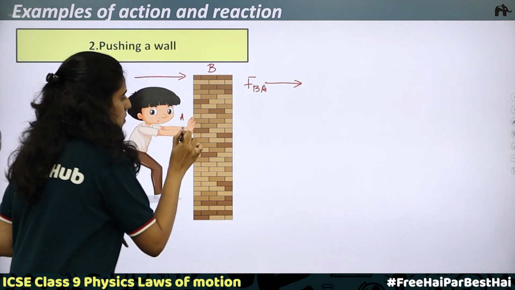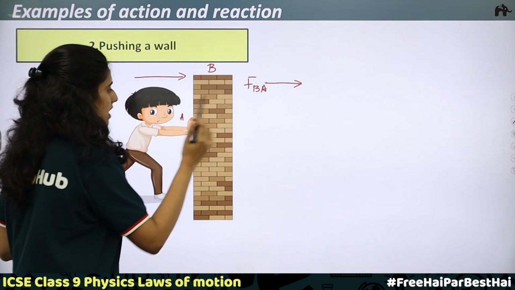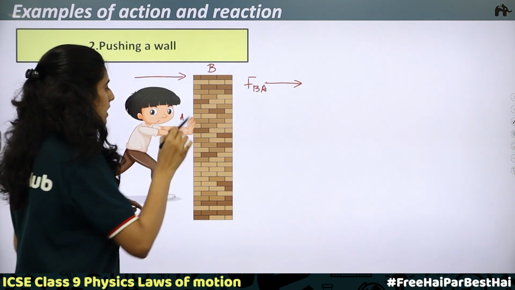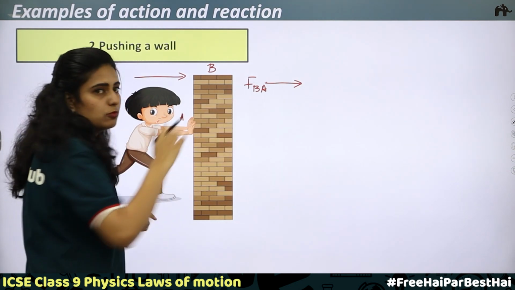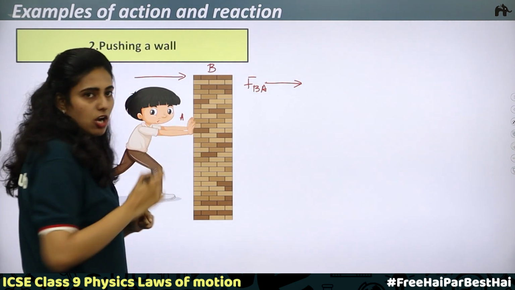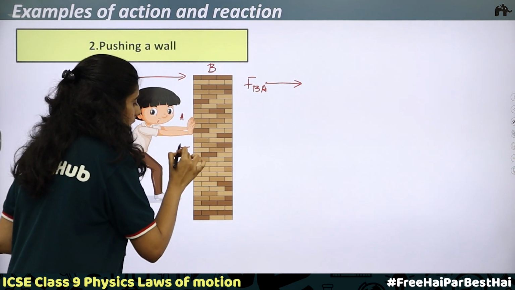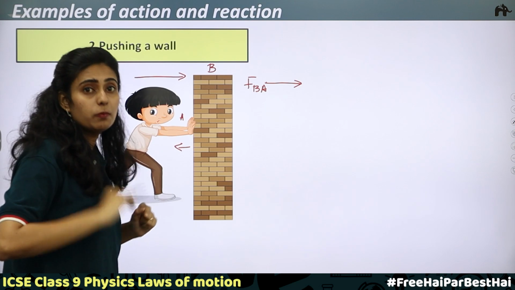Now, this boy will be able to experience an opposite force. If he's just moving, the wall should have moved forward. But here the wall is not moving, which means the wall is applying a force in the opposite direction.